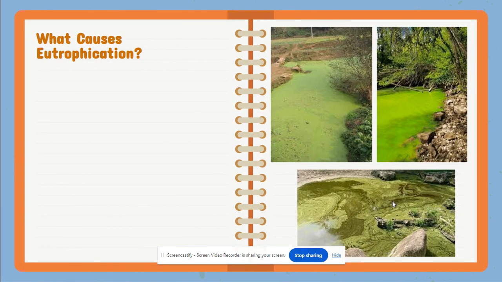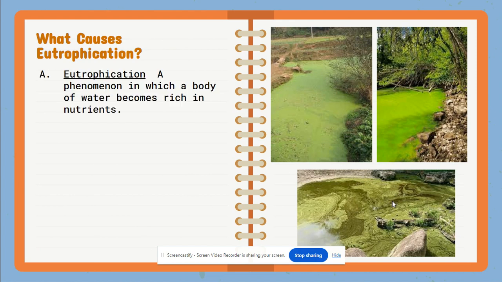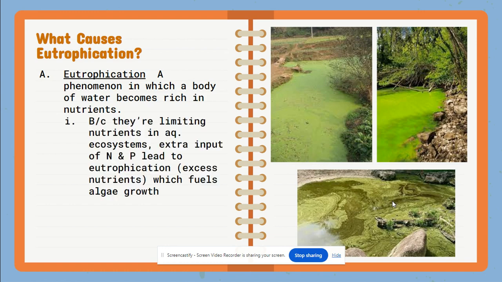So then, what causes eutrophication? Having a lake that has almost too many nutrients. Eutrophication, we know, is where a body of water becomes very, very nutrient rich. And we know that this is because those two nutrients, nitrates and phosphates, are limiting nutrients in aquatic ecosystems, ones that they don't normally have readily available to them very much.